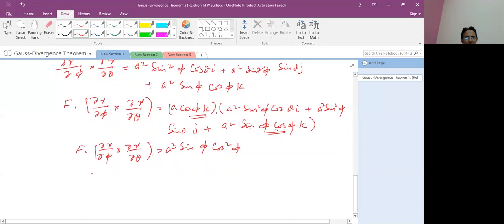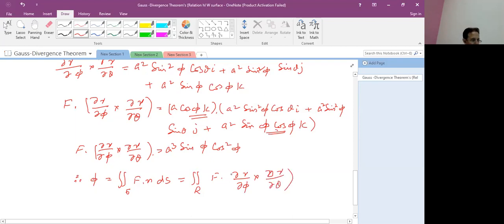After that, we define phi as the double integral over sigma of F dot n into dS, which is equal to the double integral over R of F dot ∂r/∂phi into ∂r/∂theta into dA.